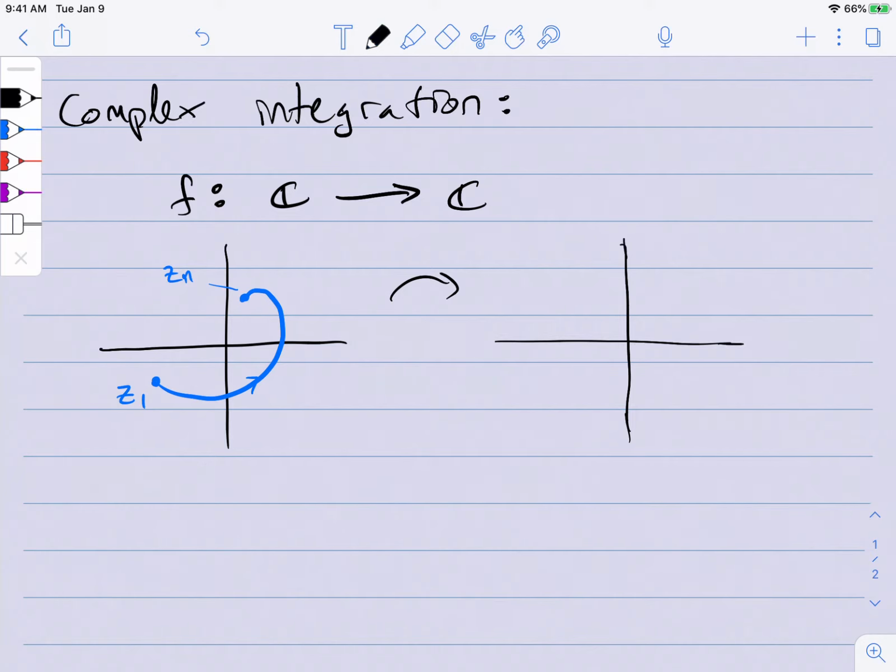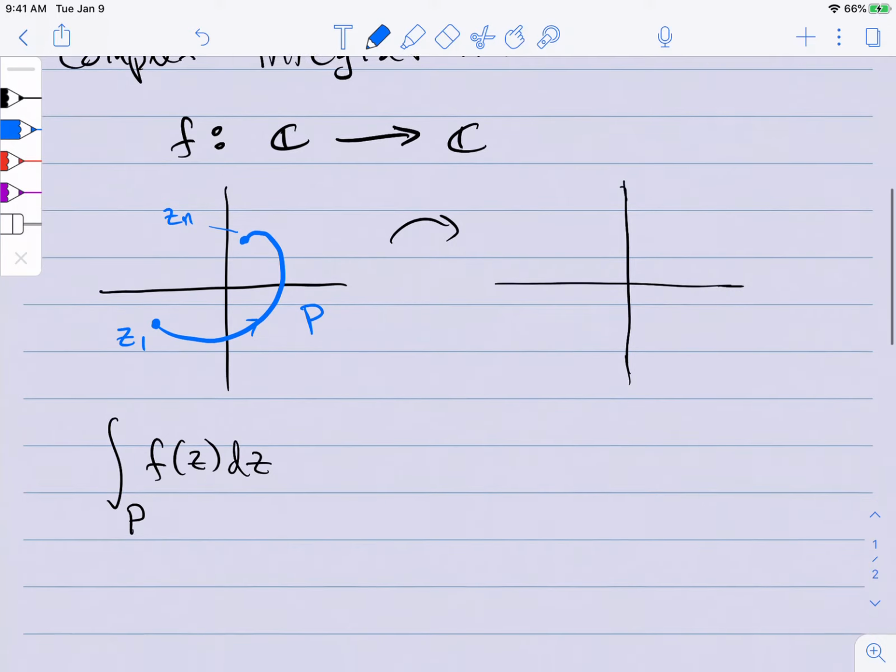And I want to define what it means to integrate the function f of z over this path. Let's give the path a name. Call it P.